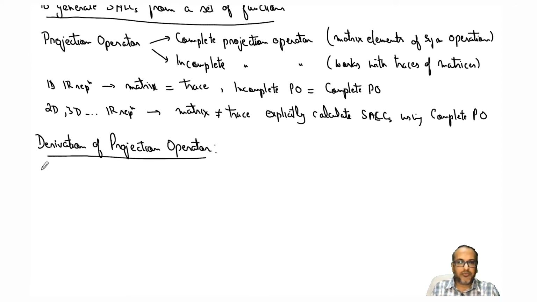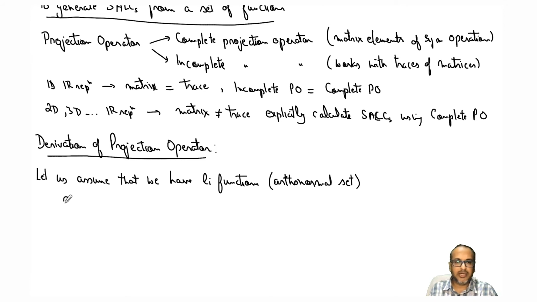So let us assume first that we have an orthonormal set of l_i functions. Let's say that the set is something like phi_1^i, phi_2^i, phi_3^i. Here i is the index which I'm giving just to show that this forms a basis for the ith irreducible representation, and l_i thus becomes the dimension of that representation, right?